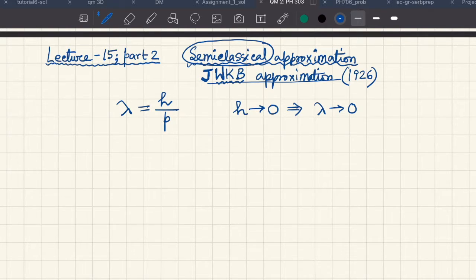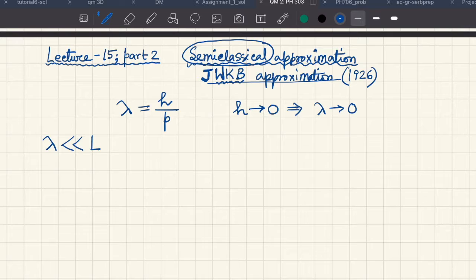Or lambda, the de Broglie wavelength, will then be smaller than or equivalent to the length scale that is there in the problem. So what I said is that classical physics dominates if your lambda is much less than the relevant length scale that is there in the problem.